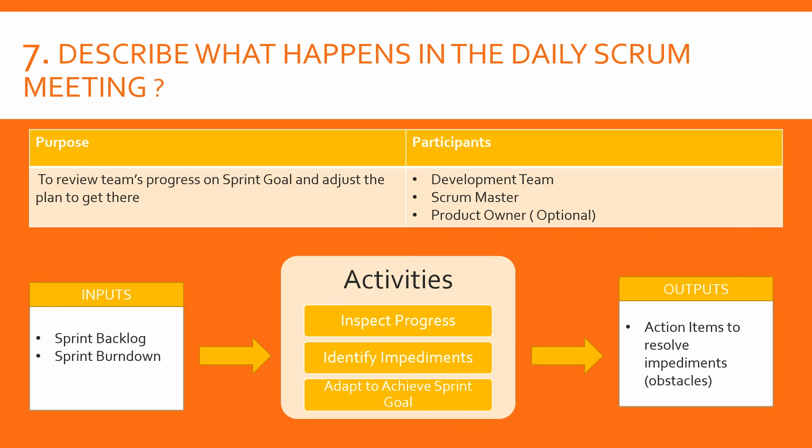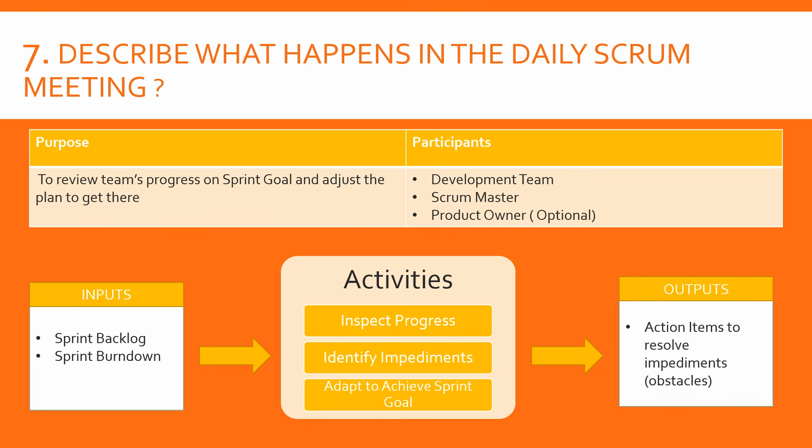The inputs would be the sprint backlog, the user stories and tasks which are outstanding for this particular sprint, and also the sprint burn down chart. How is the team progressing? The progress would be inspected, and if there are any impediments, or blockages as I was telling, it can be a technical issue or an environmental thing, or various other factors blocking progress.